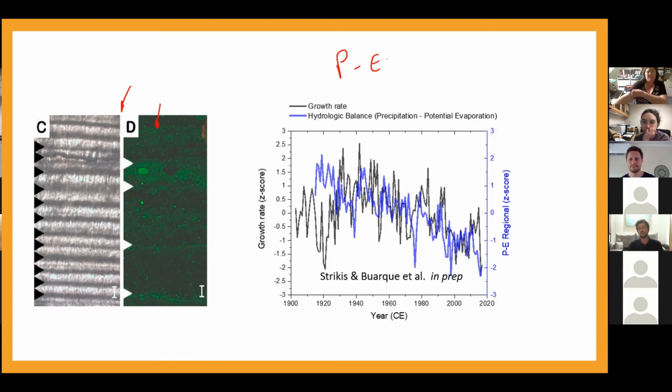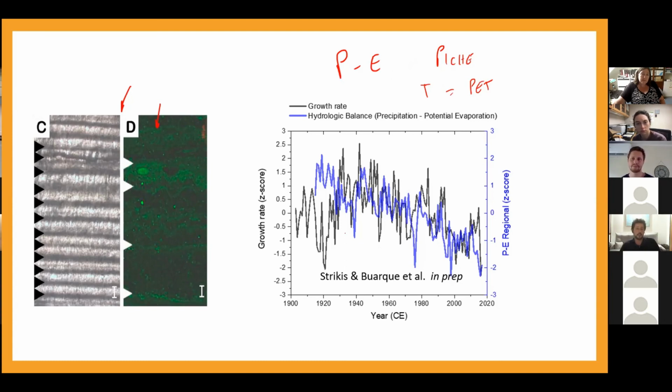Evaporation is measured in a meteorological station by a Piche evaporimeter, but you can also use the temperature and convert it into potential evapotranspiration using the Thornthwaite equation. It goes the same.